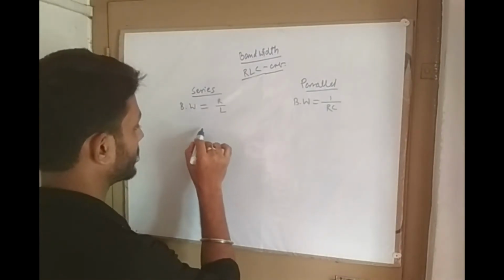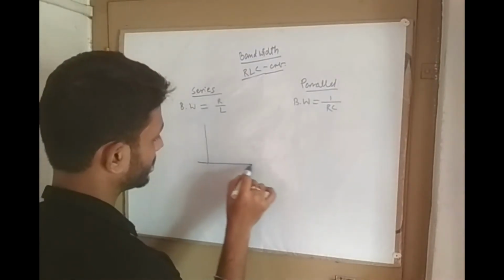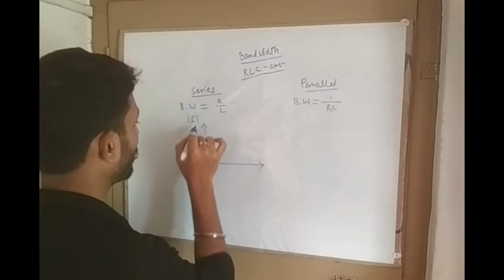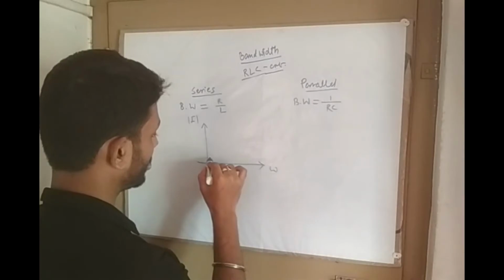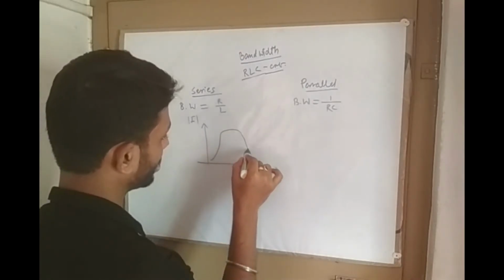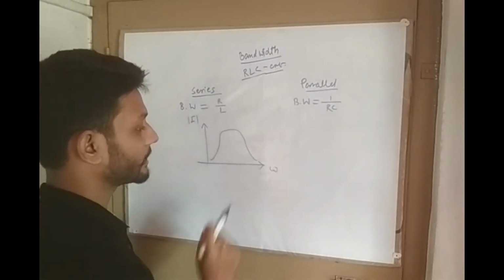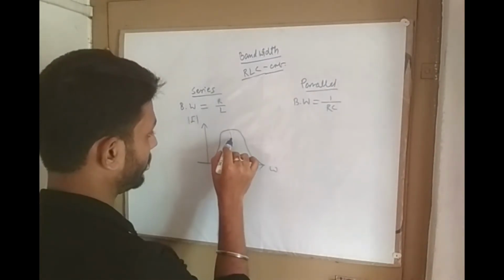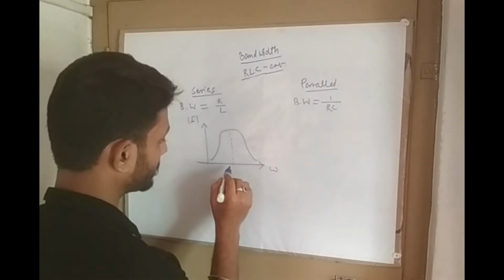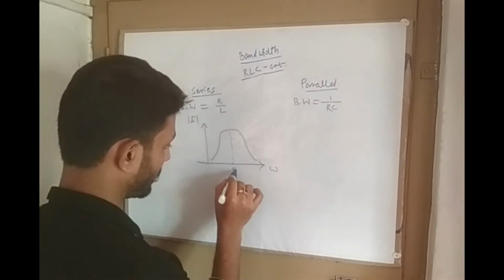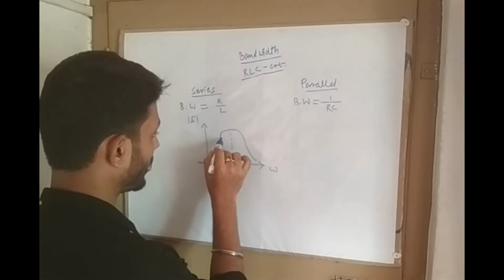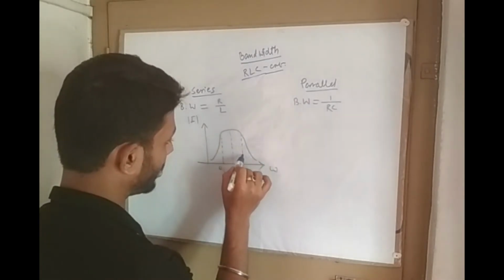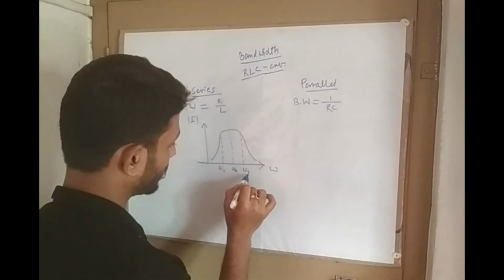Suppose this is one signal, current versus omega, angular frequency. Suppose the value of this peak point corresponding frequency is omega naught and the lower frequency is omega 1 and the upper frequency is omega 2.